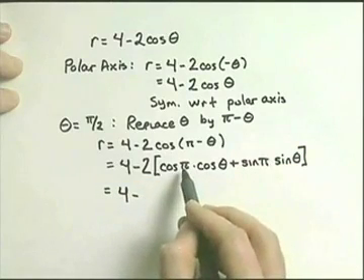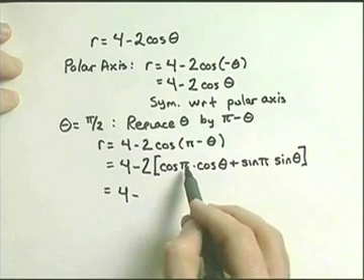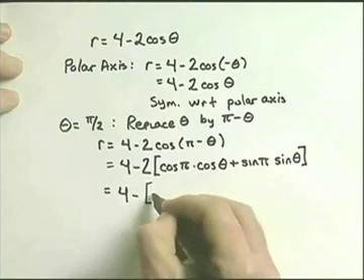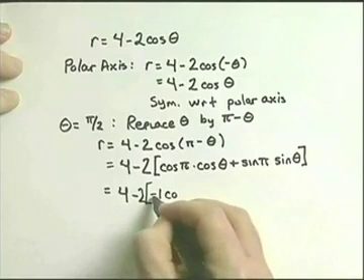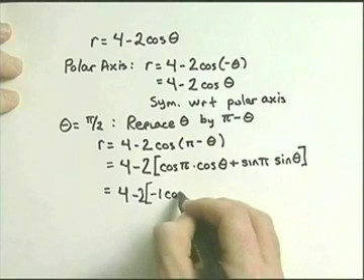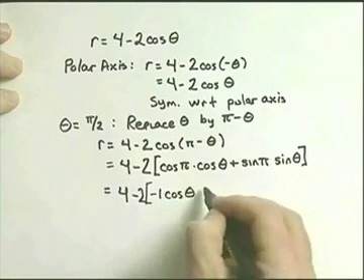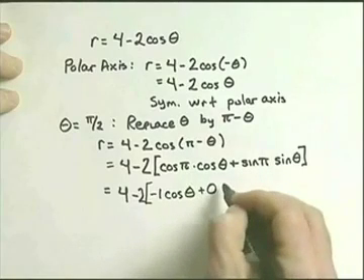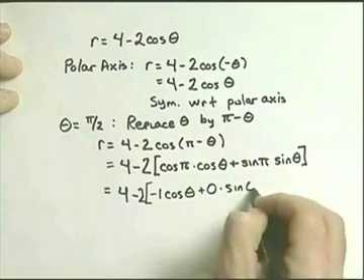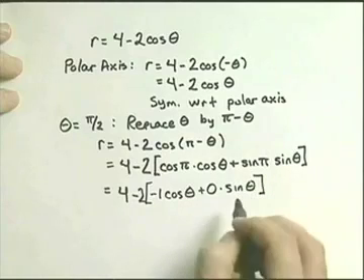The cosine of pi, you recall, is equal to negative 1. So I have minus 2, then cosine of pi is negative 1 times cosine of theta, plus the sine of pi is 0, so I have 0 times the sine of theta.